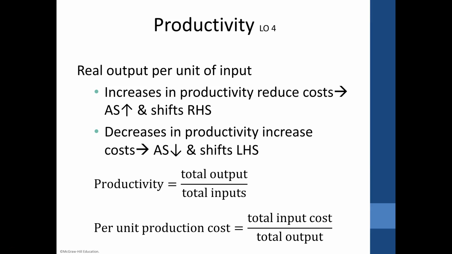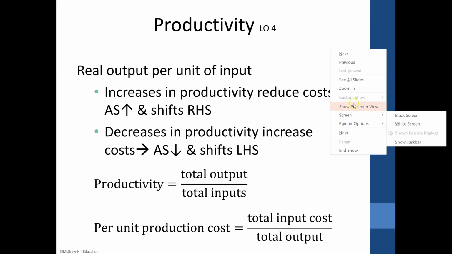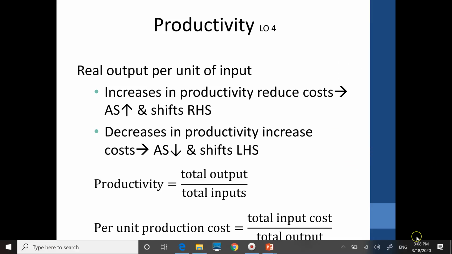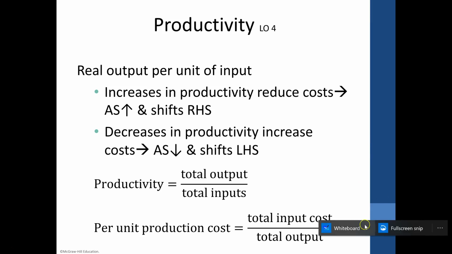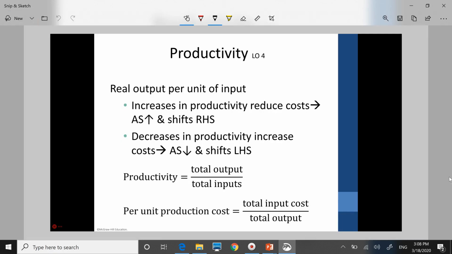Here, I want to formalize the idea of productivity. Productivity is, the formula is total output divided by total input, the numerator as total number of output.